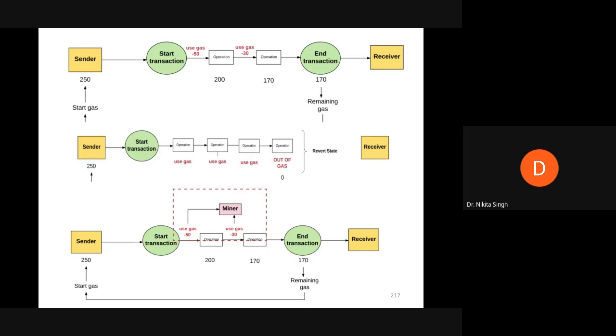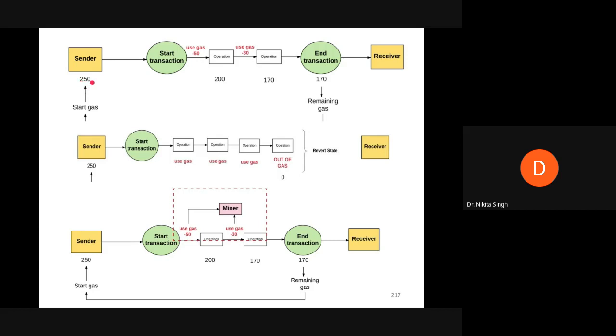I say that I will start the transaction with a gas limit of, say, 250. So the transaction gets started. Several operations are performed during the transaction. Say 50 gas is used, then gas of 30 is used. Then finally, at the end of the transaction, I have 170 gas left. So this remaining gas is sent to me. This is just indicative in nature.